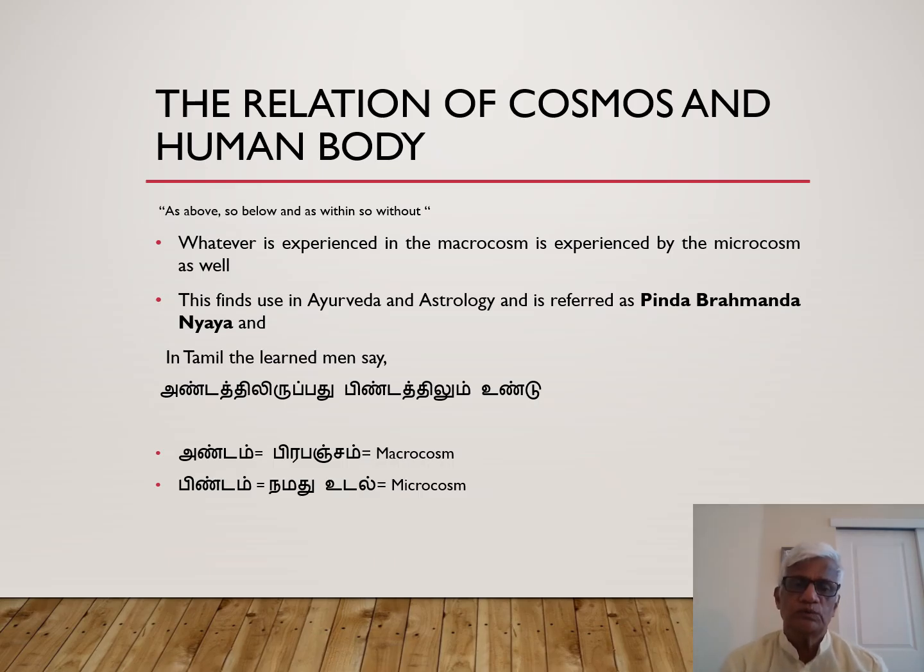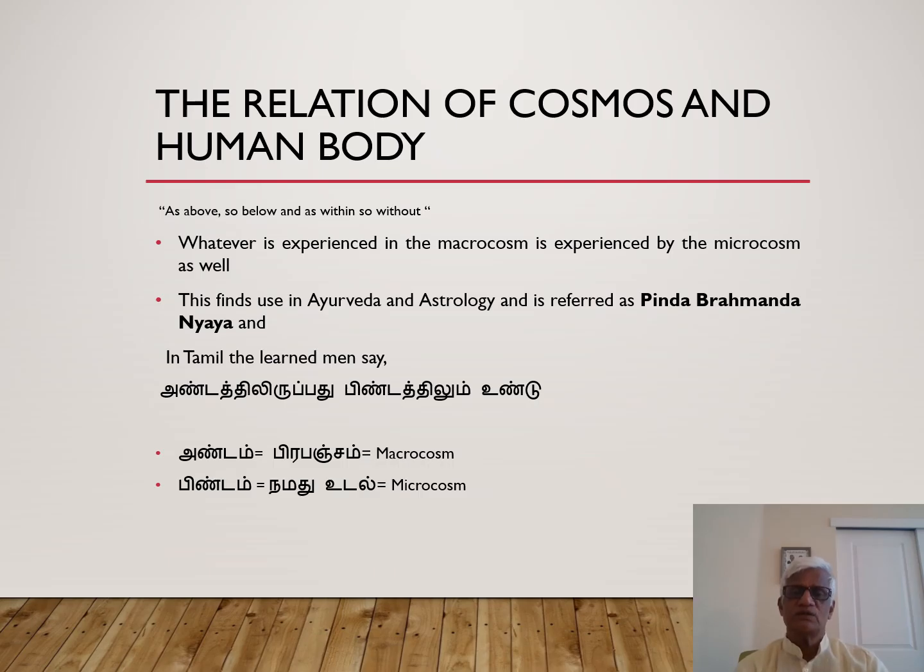As above, so below, and as within, so without, is how the saying goes. What it means is, whatever is experienced in the universe, in the outer sky, or in the macrocosm, has some reflection in the earth and its beings.